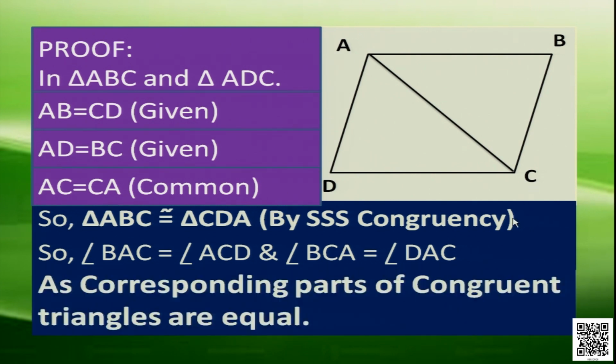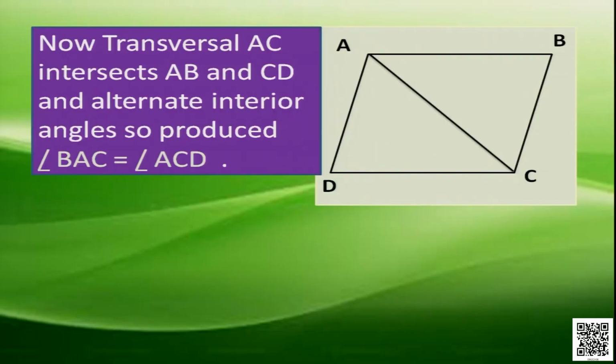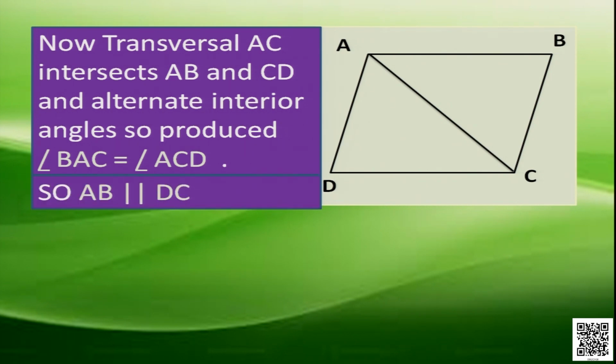Now, these are the corresponding parts of congruent triangles, so they are equal. Now, transversal AC intersects AB and CD and the alternate interior angles so produced are BAC, which is equal to ACD. As the alternate interior angles are equal, so AB is parallel to CD.